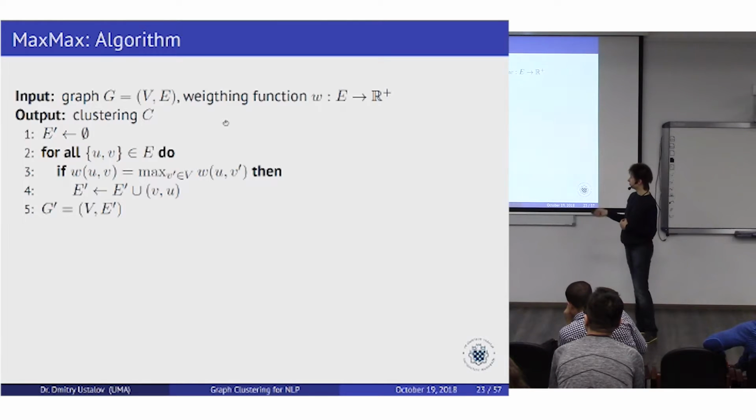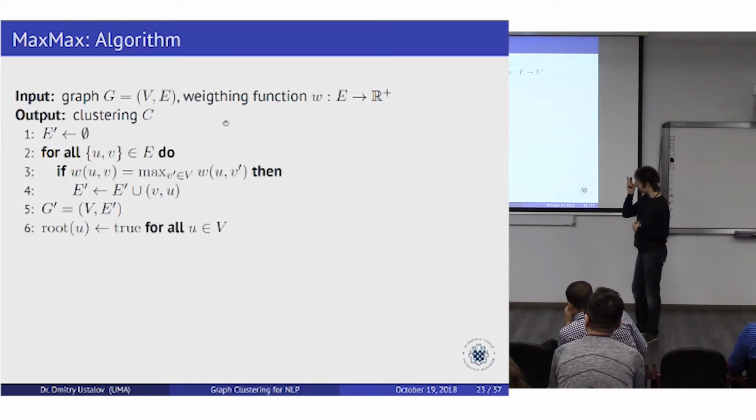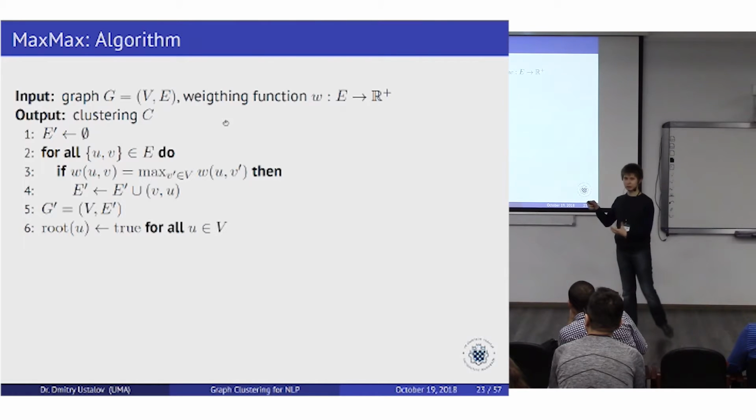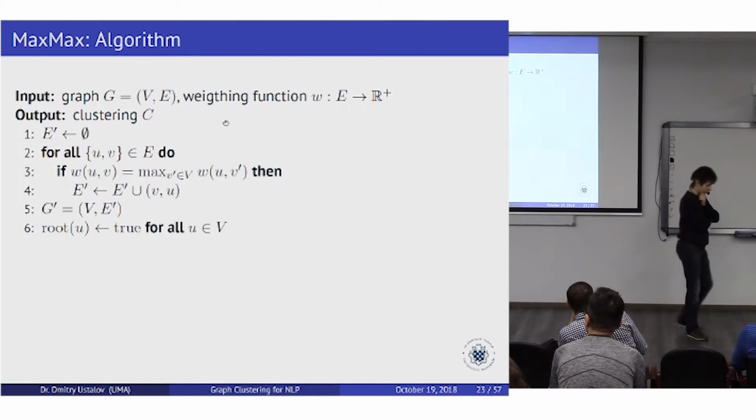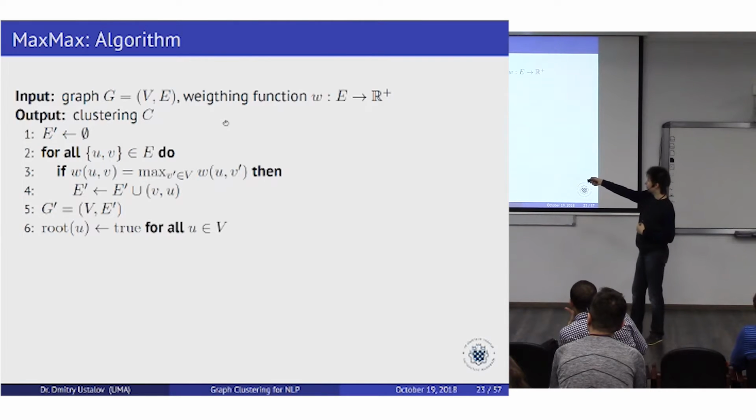Then construct a graph. We have some representation of the input graph. You'll see it on the screen a bit later, and this representation is very nice in the example. Now, since we have already constructed this graphical representation, we are trying to extract the clusters.